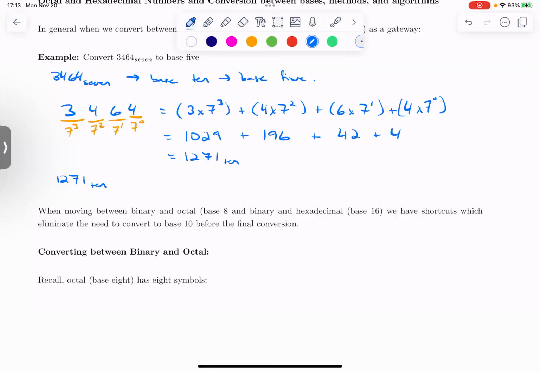Right? 5 to the power of 3, maybe 5 to the power of 4, 5 to the power of 5. Okay, fine. 5 to the power of 4 was 625. 1271. You know what?